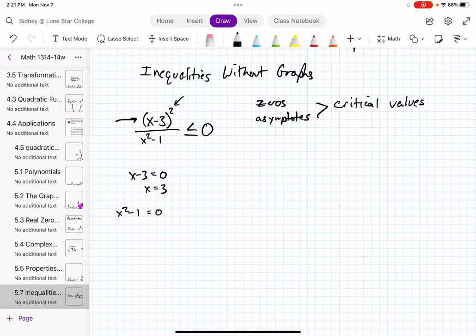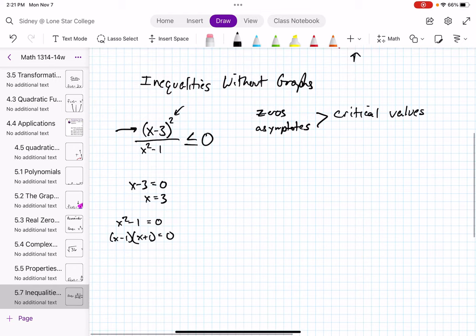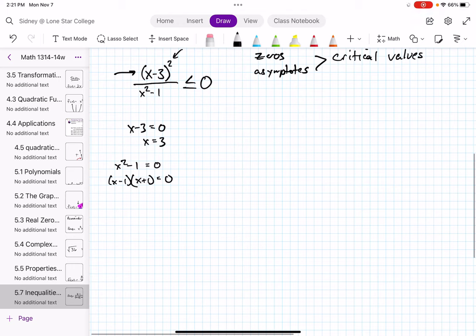So we have x squared minus 1. I factor that to be x minus 1 times x plus 1, the difference of two squares. And if I set each of those individually equal to 0, I have x minus 1 equals 0 and x plus 1 equals 0. So then I have asymptotes at x equals 1 and x equals negative 1.